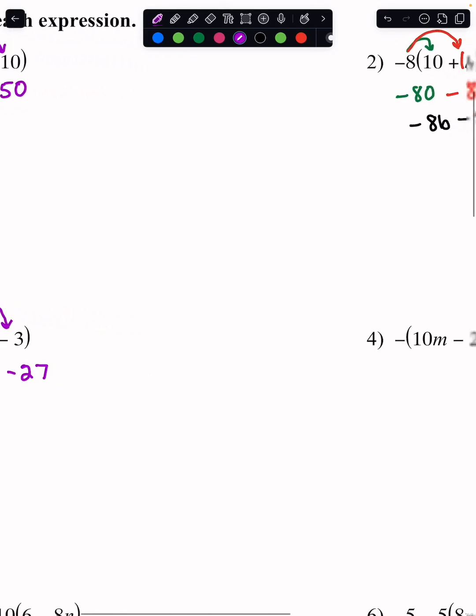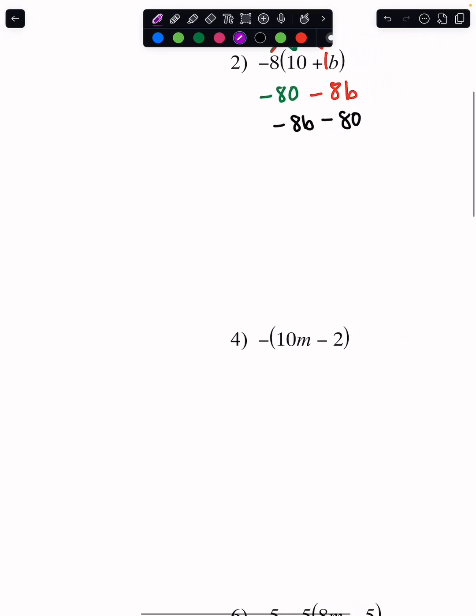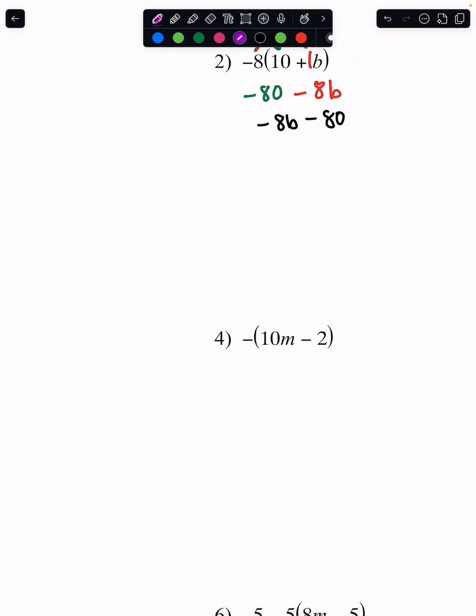Let's go ahead and go to number 4. Now, if there is a negative in the front, but there's no number there, that's equivalent of saying that there's a negative 1 in the front. So I can rewrite this as negative 1 times 10m minus 2. If there's a negative there, you just can't ignore it.